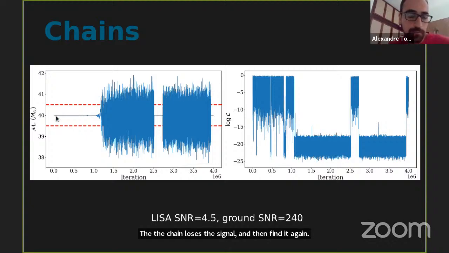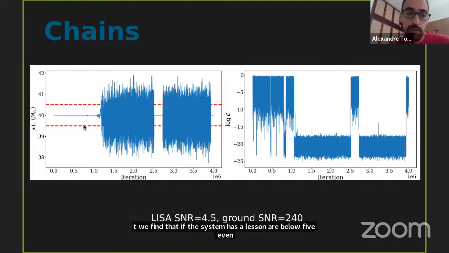You can see this in the chirp mass, or when you look at the log likelihood values: when you're exploring these much broader regions, which correspond to the prior that we're using, it corresponds to much lower likelihood values. So although originally we're not really performing a search because we're starting from the true point, in the end what we find is that if the system has a LISA SNR below 5, even in this case, you could lose the signal.